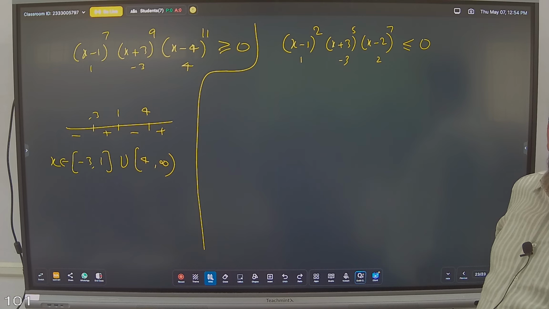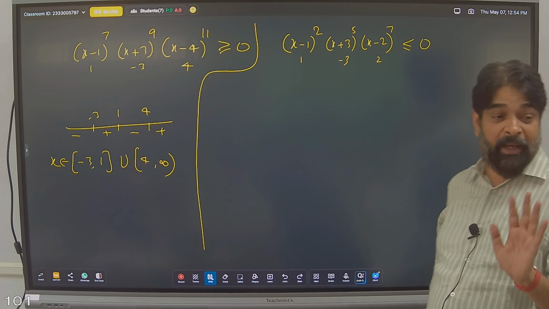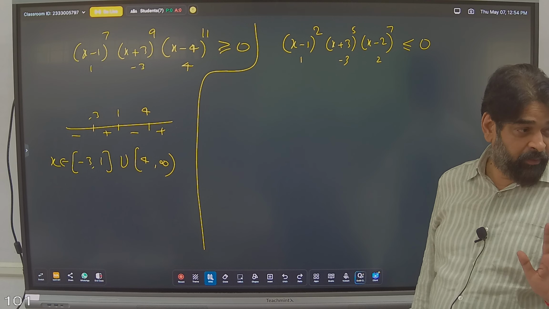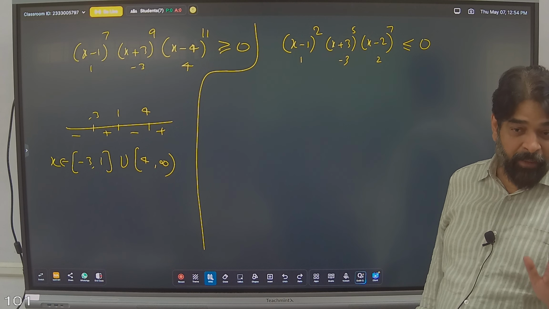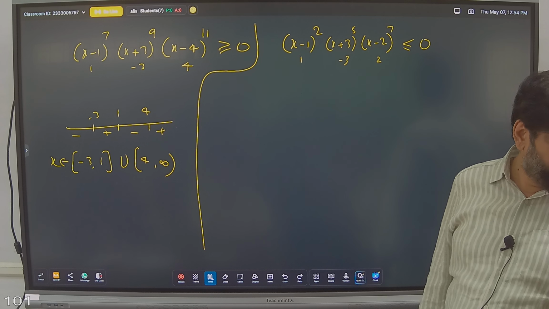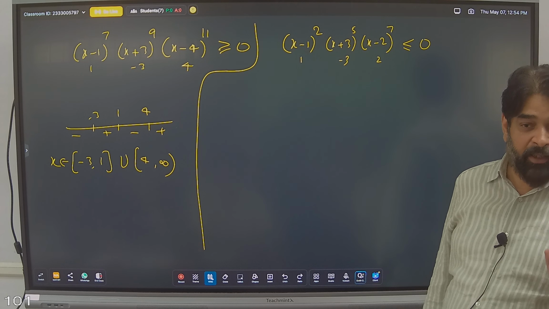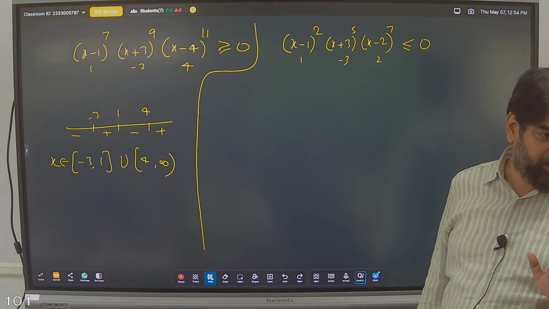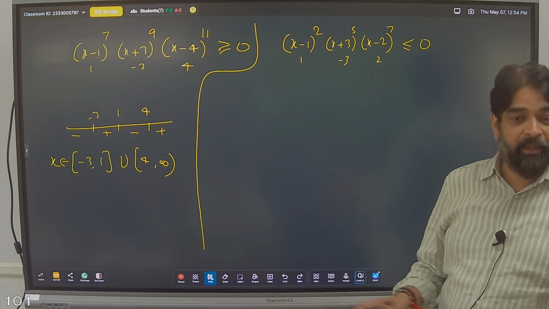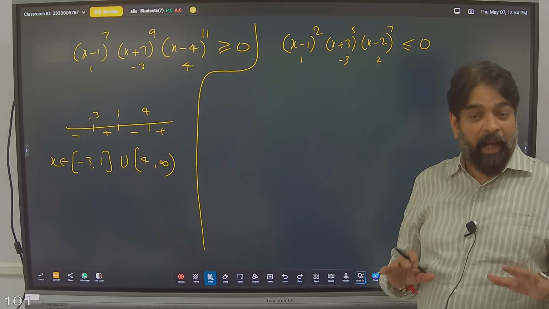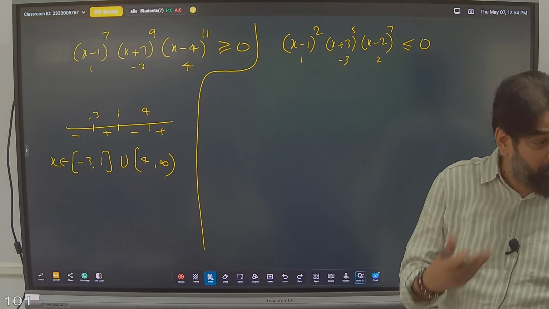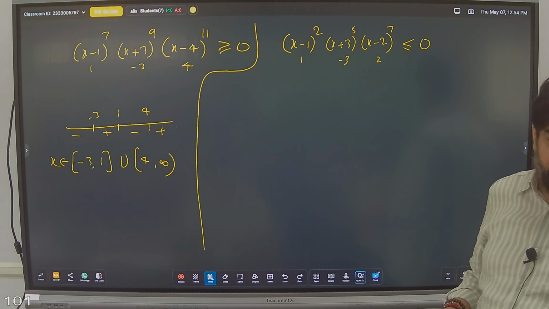Otherwise it will bounce. Right now my speed is only 10%. Polynomial inequality I used to teach in 35 minutes. This is the first initial lecture, so I am teaching very slowly. I know some of you find even this speed very fast.